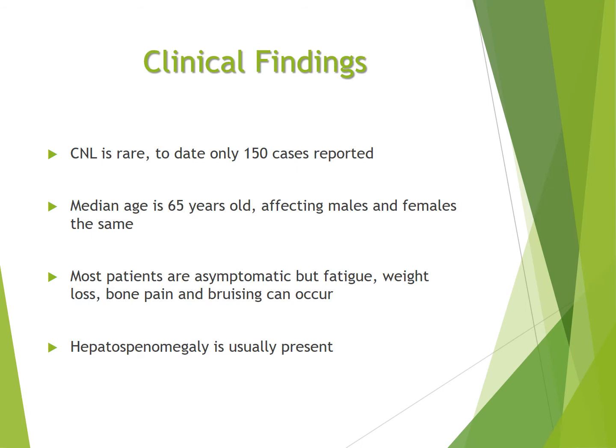The median age here is about 65 or older, affecting males and females the same. For a diagnosis, the white count must be higher than 25 times 10 to the 9 per liter, with greater than 90% mature neutrophils, fewer than 10% immature, and fewer than 1% blasts in the peripheral blood.